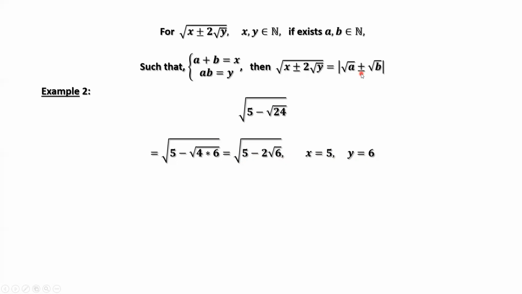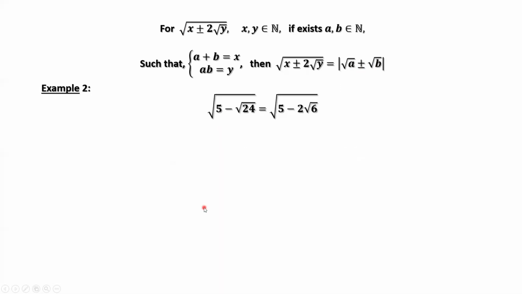What do we need to find now? We want to find A and B. Solve this system. A plus B equals 5. A times B equals 6. So you can see A equals 2, B equals 3, or A equals 3, B equals 2.